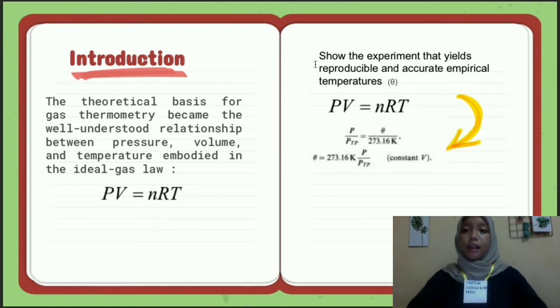And next, we will show the experimental yields, reproducible and accurate, in the empirical temperature theta.